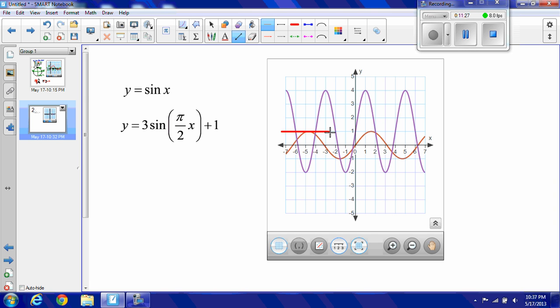You can see how that cuts my transformed function right in half. And it went up 1, so everything raised up 1. My amplitude is still 3, but it's going from 4 to negative 2. So the total range from minimum to maximum is still 6. My amplitude is that divided by 2, which is 3.